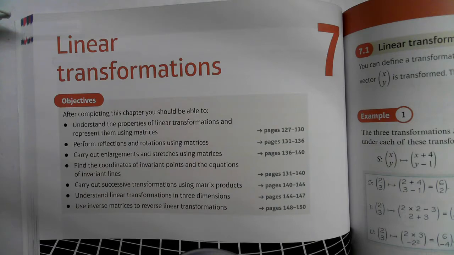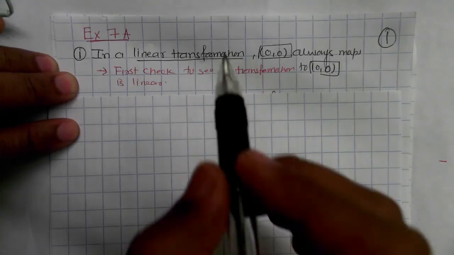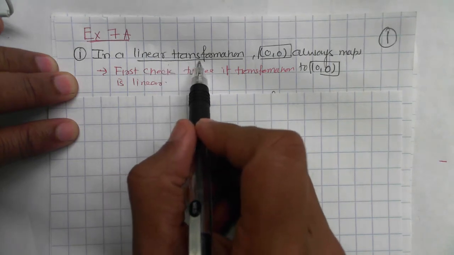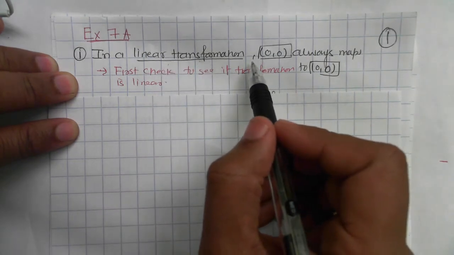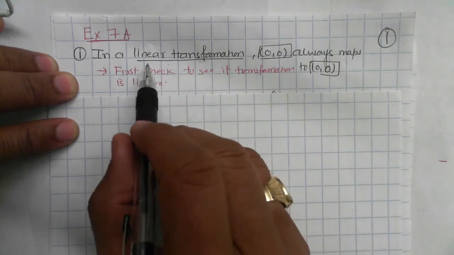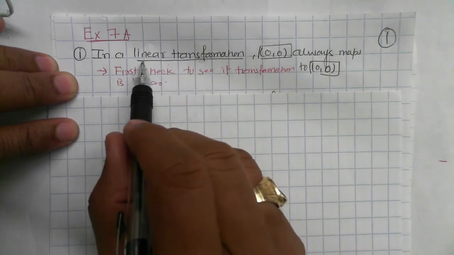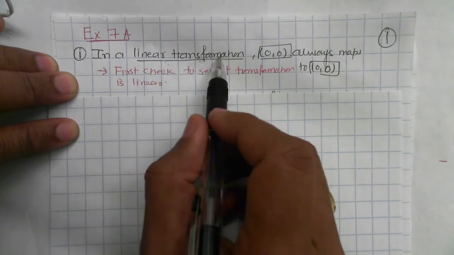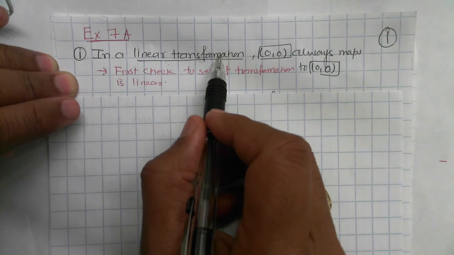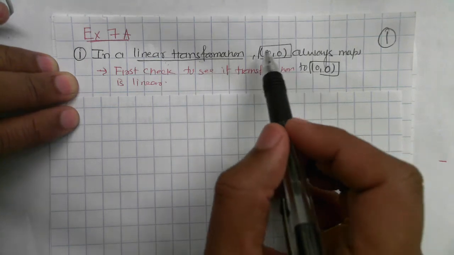Okay, so we will go through this chapter section by section. Every linear transformation, we've said, can be represented by a matrix. But first of all, we need to know what a linear transformation is. It could be reflection, rotation, enlargement, stretch, and so on.